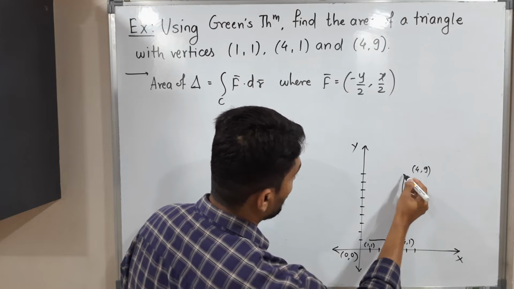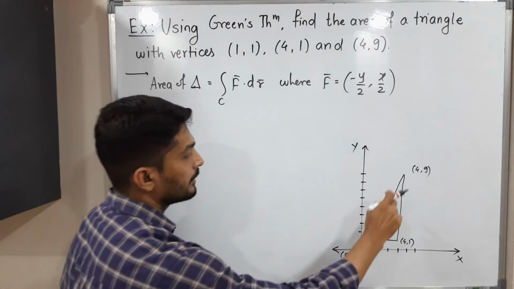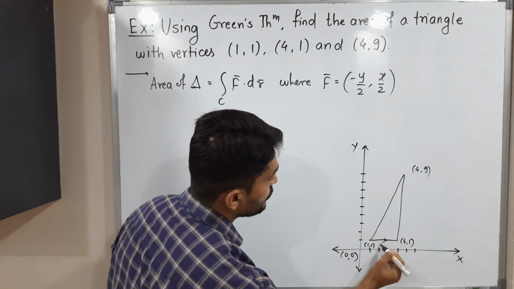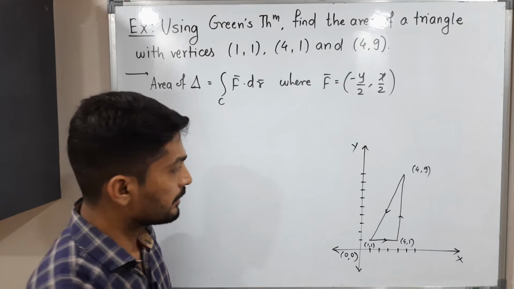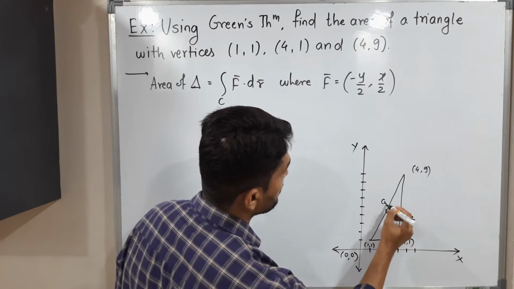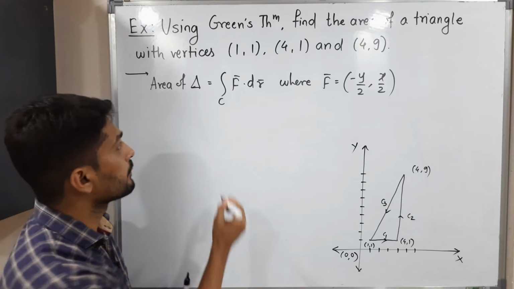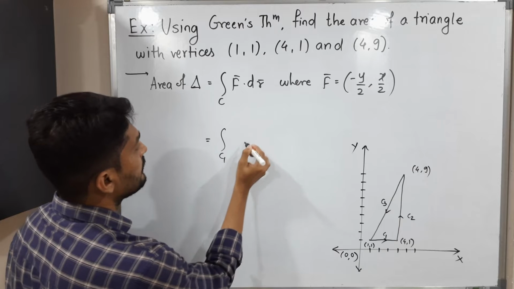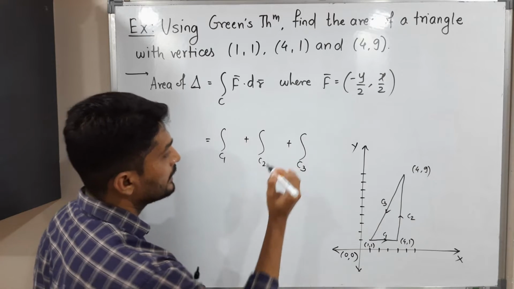So this triangle we have, and the curve C is nothing but this triangle. It has 3 different sides, so let me call them C1, C2 and C3. So the line integral over C is the line integral over C1 plus the line integral over C2 plus the line integral over C3.